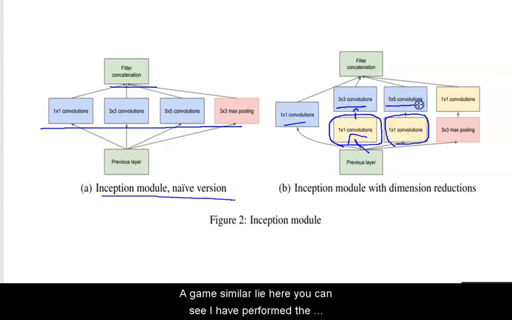Similarly, here you can see I have performed a 5 cross 5 convolution, but before it, I performed a 1 cross 1 convolution, because otherwise this 5 cross 5 convolution directly on my input layer would be very computationally expensive.